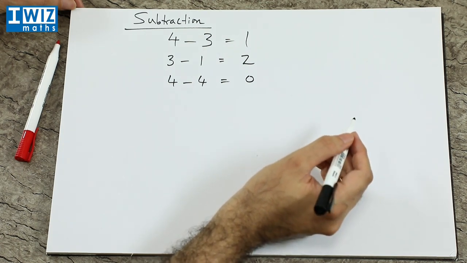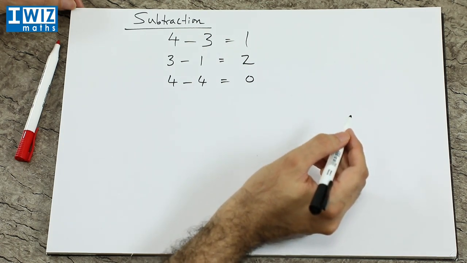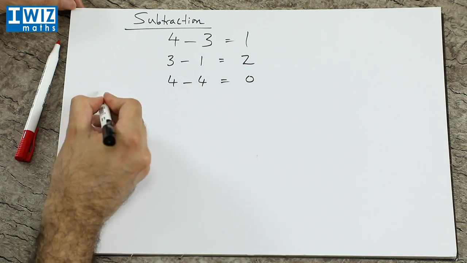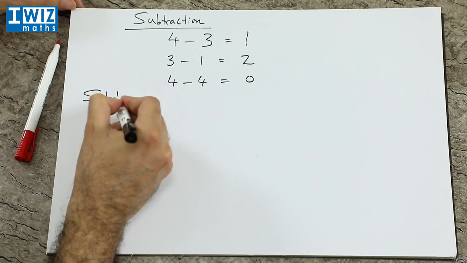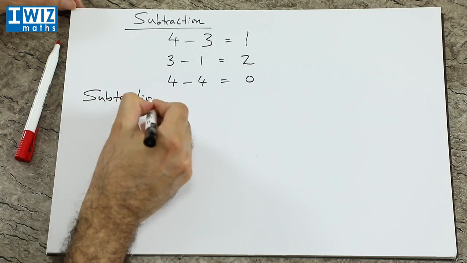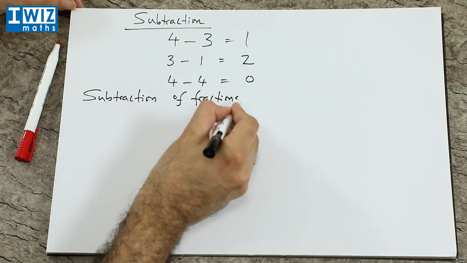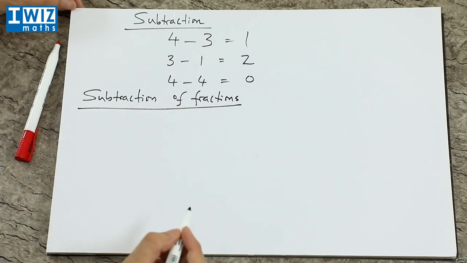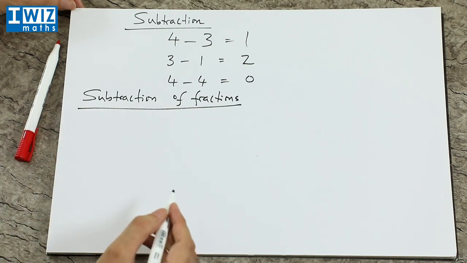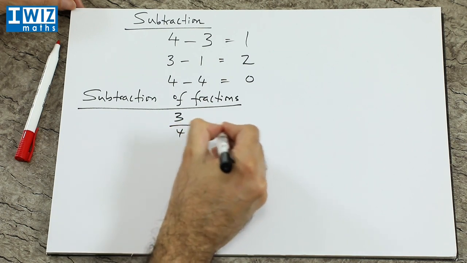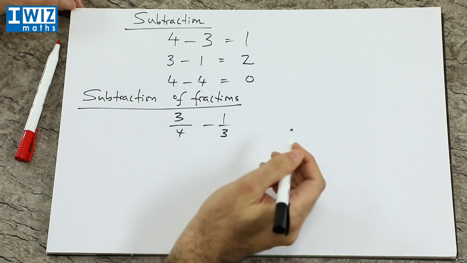We'll also go with the assumption that they have been introduced to fractions, but now they're going to do a subtraction of fractions. So let's pose the following question. What is 3 on 4 minus 1 by 3?